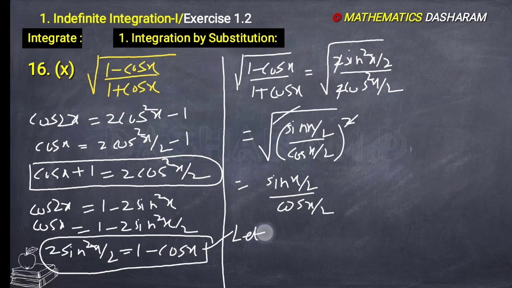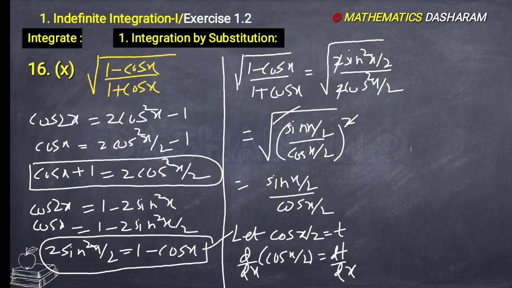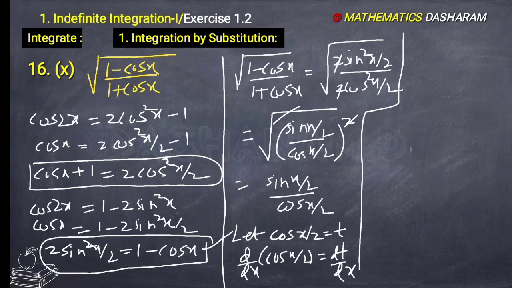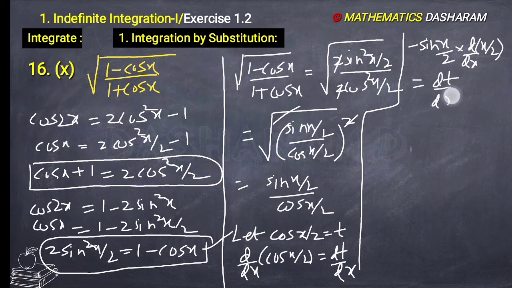Now let's select the denominator. Cos x by 2 equals t. So do the derivative on both sides with respect to x. So then the derivative of cos x by 2 is minus sin x by 2 into d by dx of x by 2. It is equal to dt by dx.